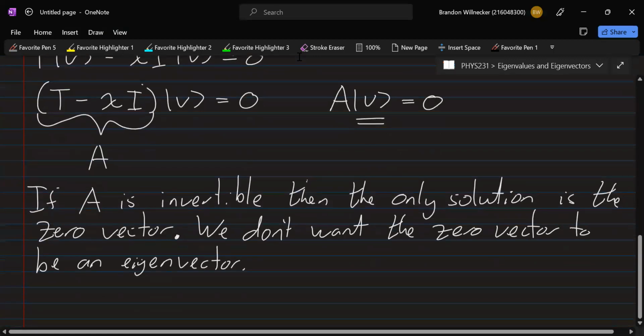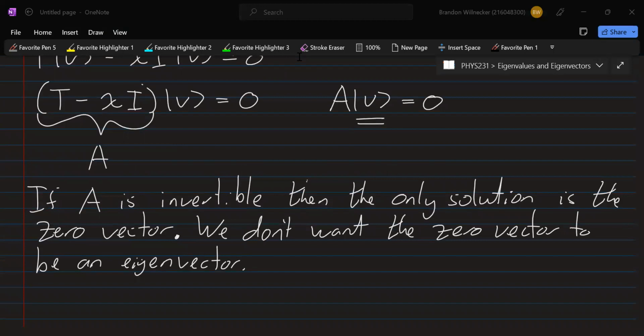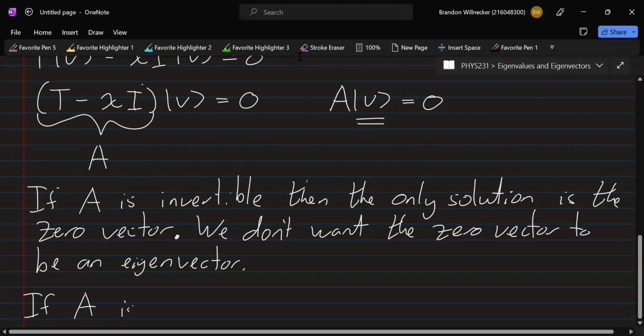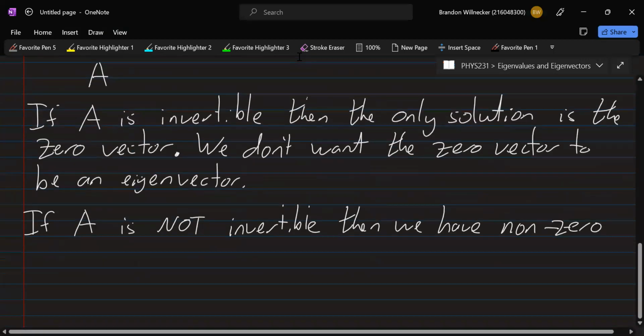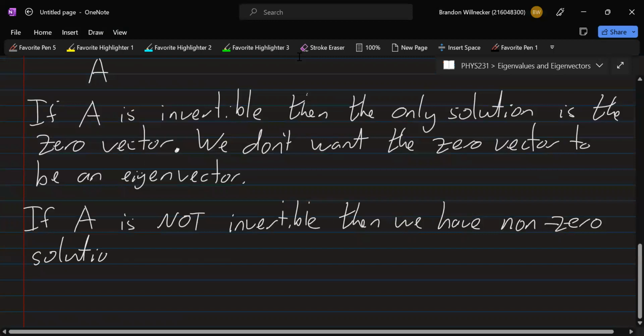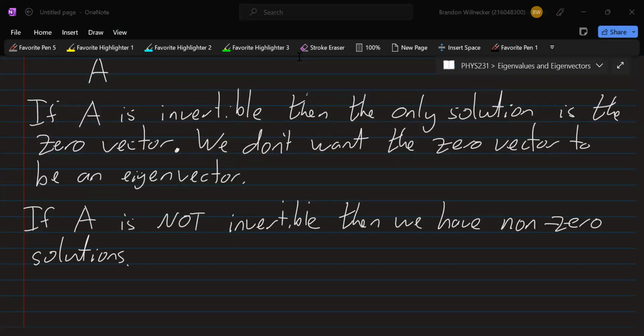Okay, so we are left with A being non-invertible, and then that gives us non-zero solutions. So if A is not invertible, then we have non-zero solutions, which is good. Okay, and then the sets of these solutions we call the eigenvectors.